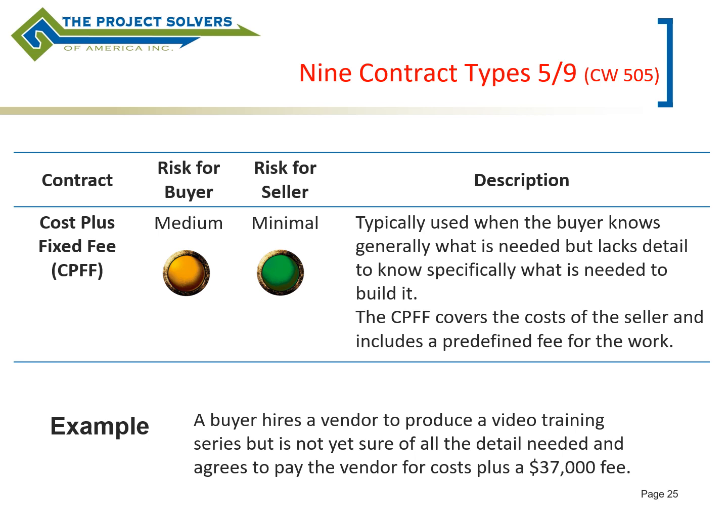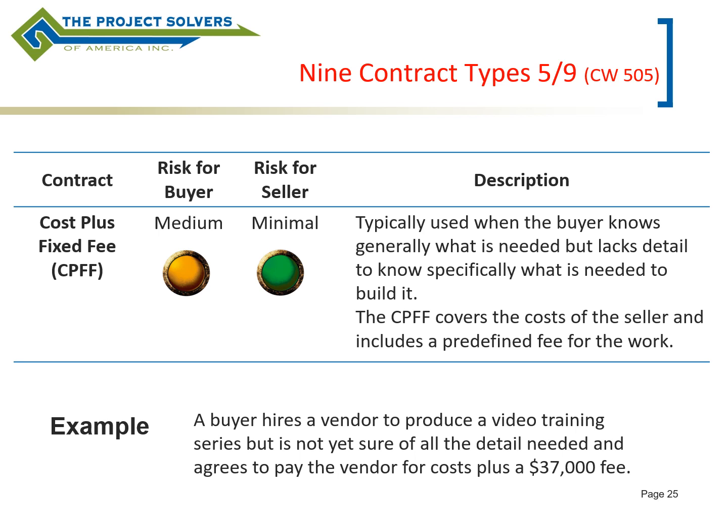If you did have a lot of information, again, as we just discussed in the fixed type contracts, then the fixed would be the way to go in that case. So here's an example of a cost plus fixed fee.